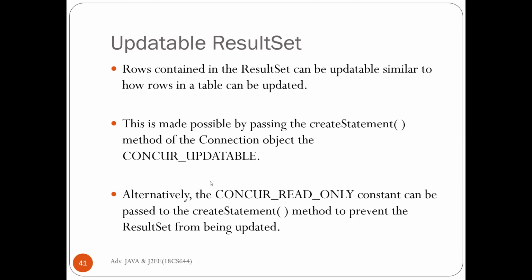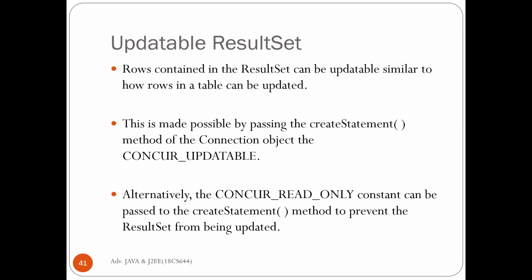So the two constants are CONCUR_UPDATABLE and CONCUR_READ_ONLY. Read only will make the result set only for reading, so updating of data will not be possible using this constant. If we use this CONCUR_UPDATABLE constant, then we can make changes to the result set.